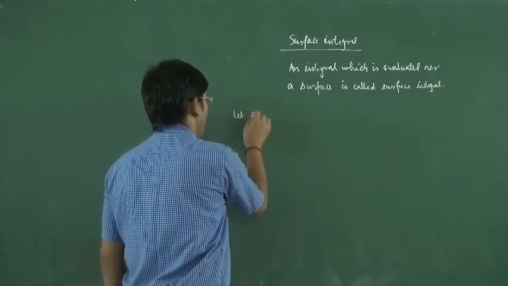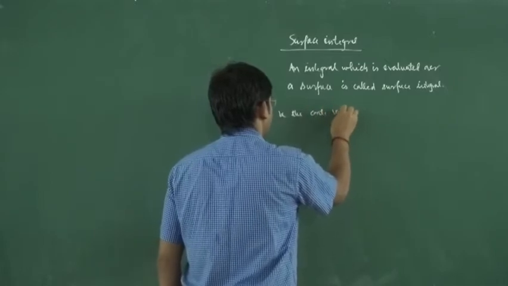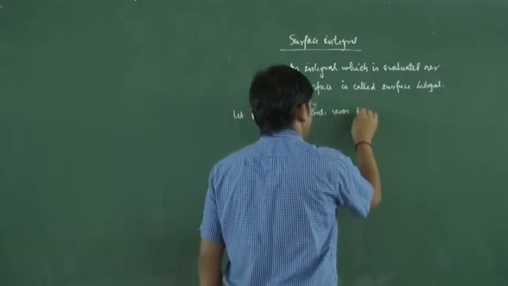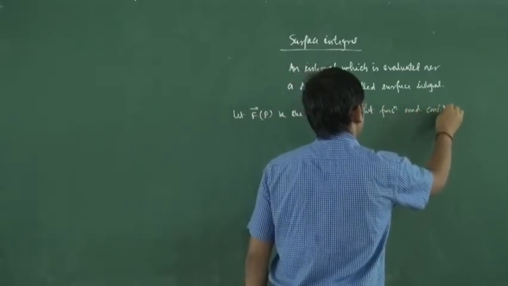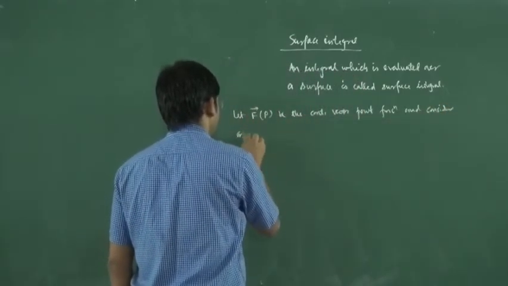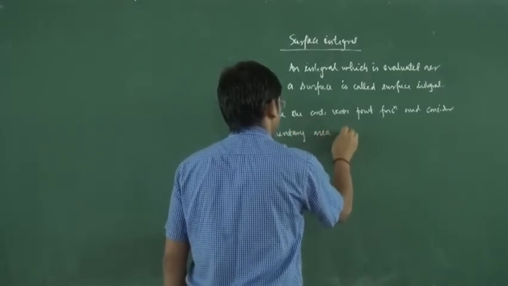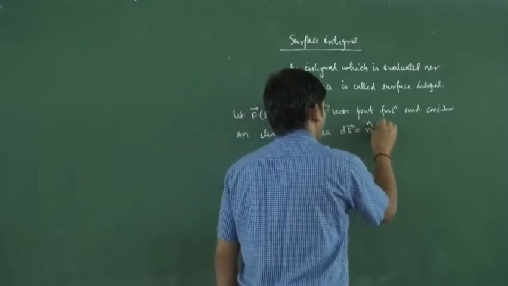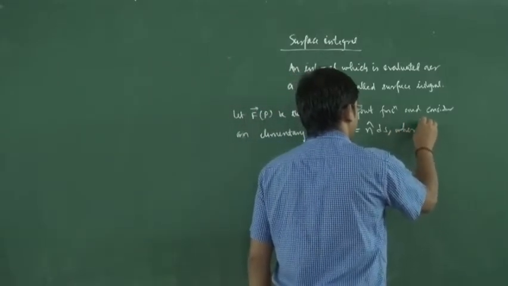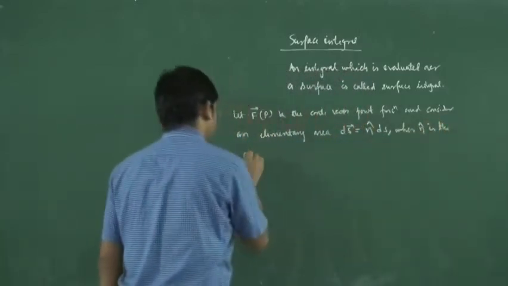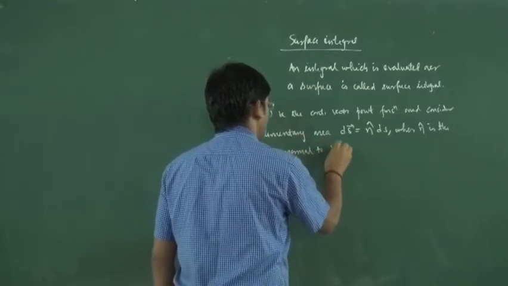Let f p be the continuous vector point function and consider an elementary area ds, which is basically n cap into ds, where your n cap is the outward normal to this elementary area.